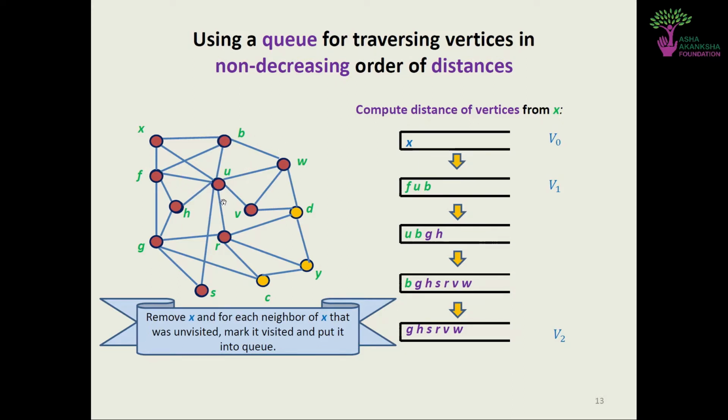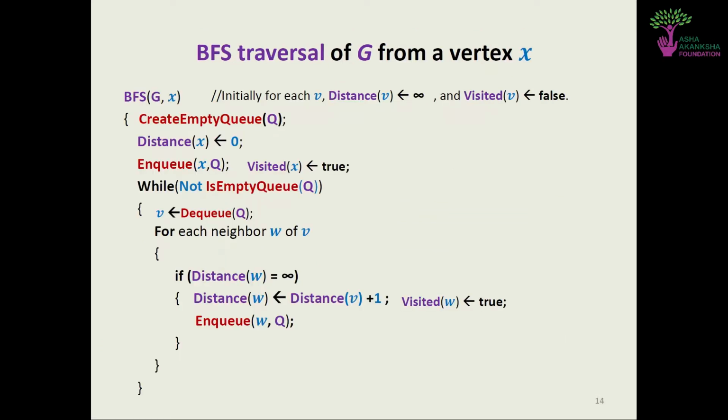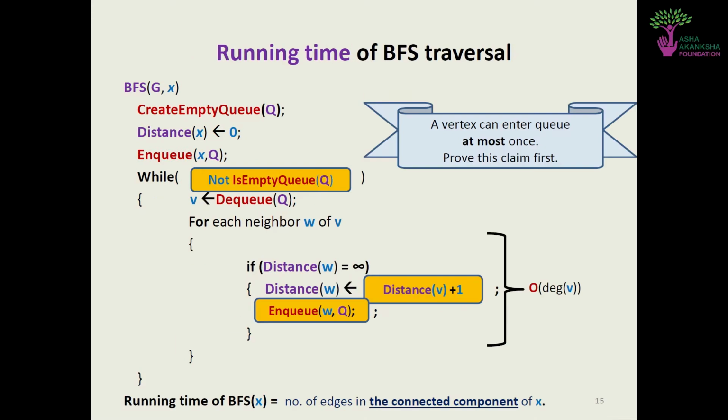So since that has been taken care of, nothing will be added twice. So every vertex is added at most once, and since there are a total of V vertices, the order will be order of V. And the running time of BFS of x is the number of edges in the connected component of x.